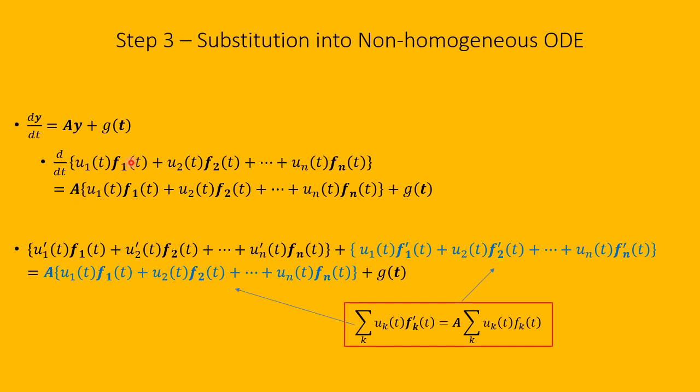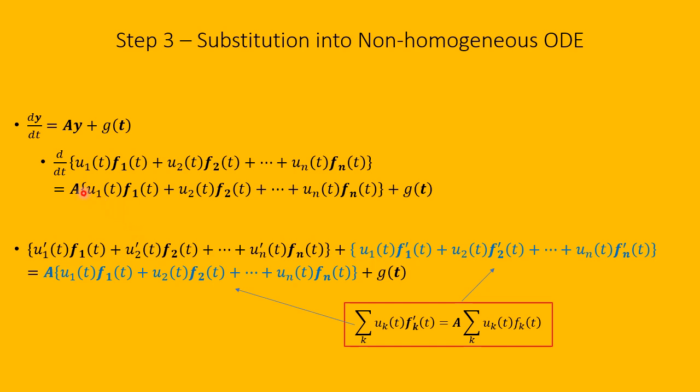So the derivative of this first term is u1 prime f1 plus u2 prime f2 plus all the way through u sub n prime f sub n. That's half of the things that you get from the product rule. And then plus u1 f1 prime plus u2 f2 prime plus u sub n f sub n prime. So looking at this, the derivative of this first product is this term plus this term over here.